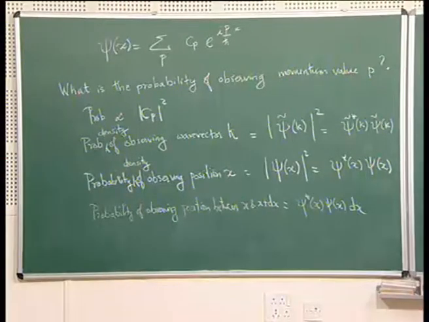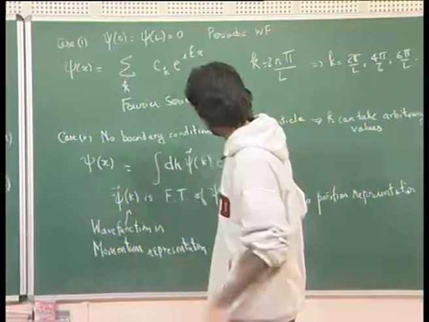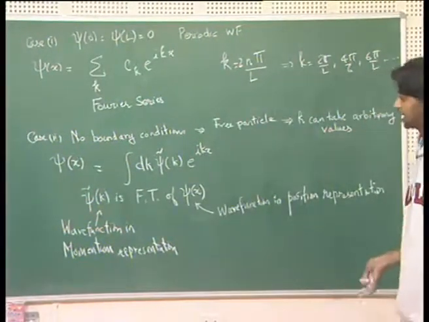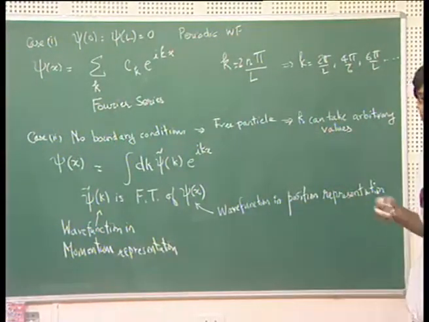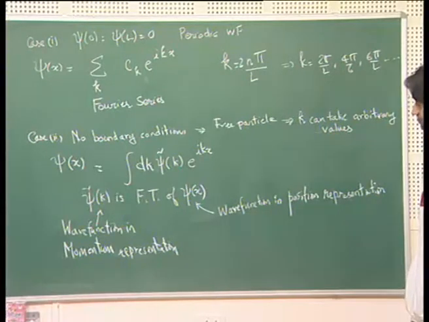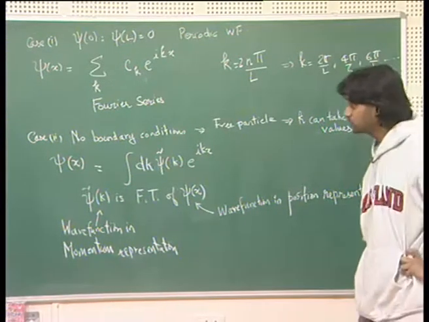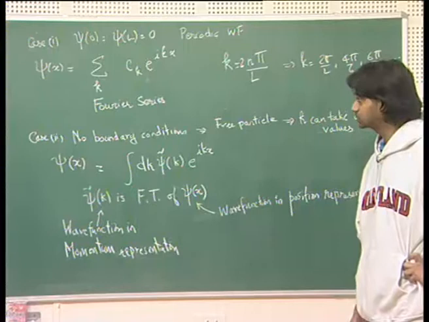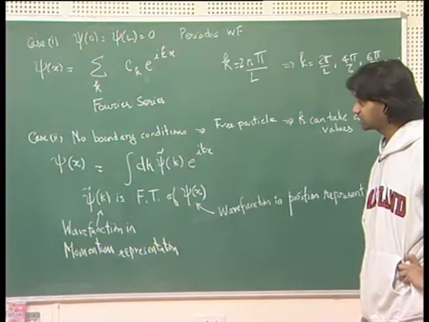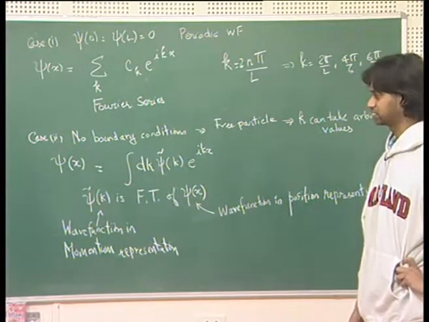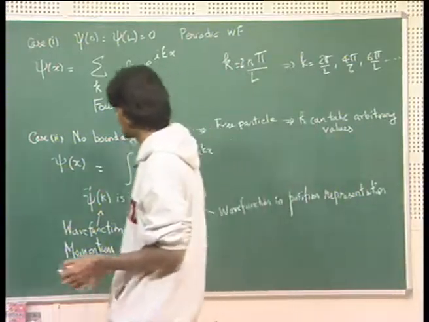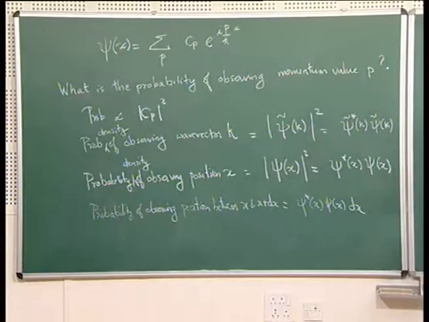Okay. So, what we have seen is that this momentum representation is a Fourier transform of the position representation. And now we can go ahead and ask the next question, what are the eigenfunctions of the position operator?